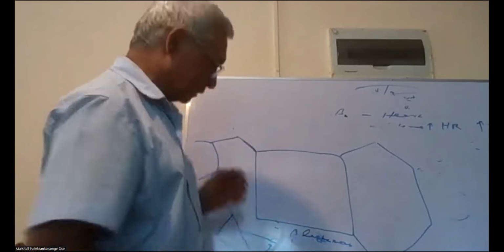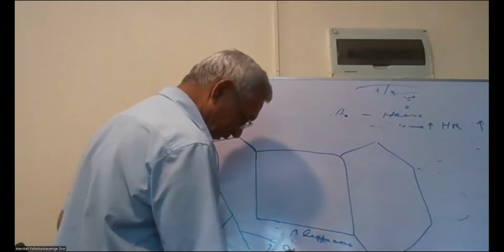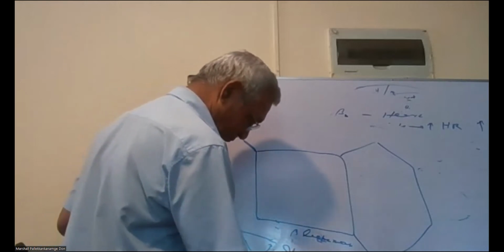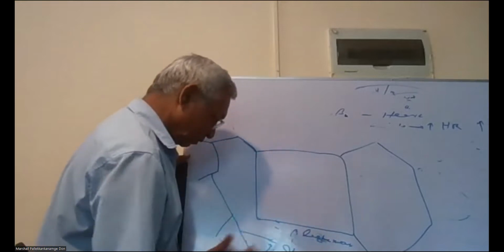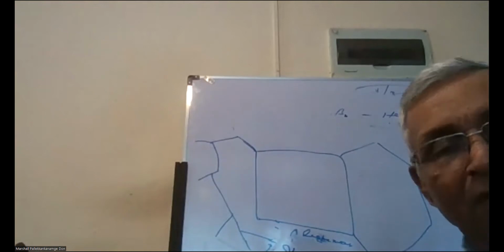That is called steric hindrance. So cloxacillin covers this part, and beta-lactamase cannot reach the beta-lactam ring to attack it.